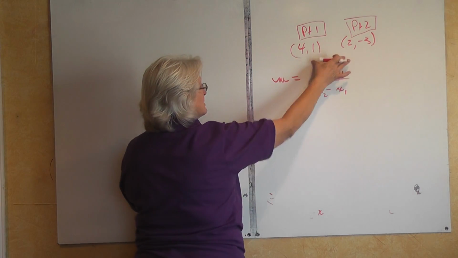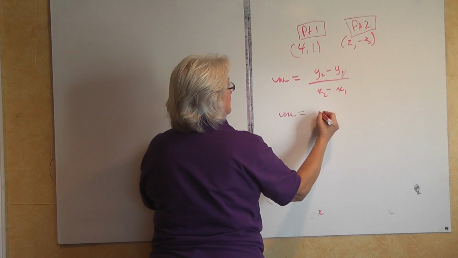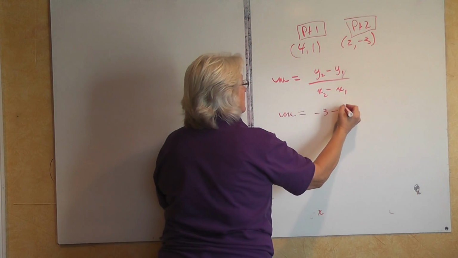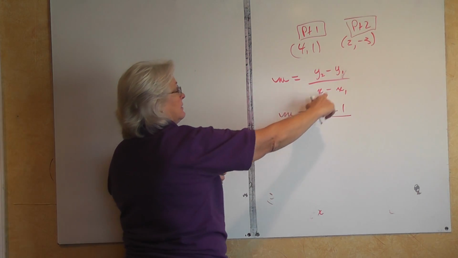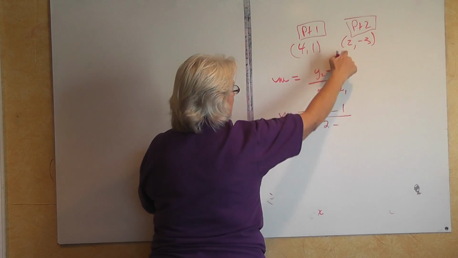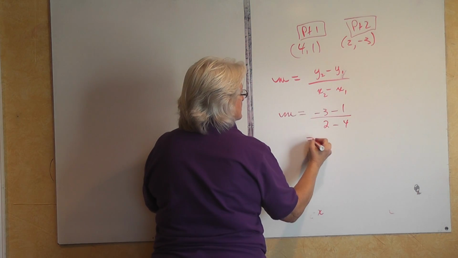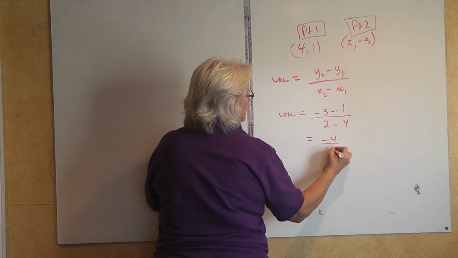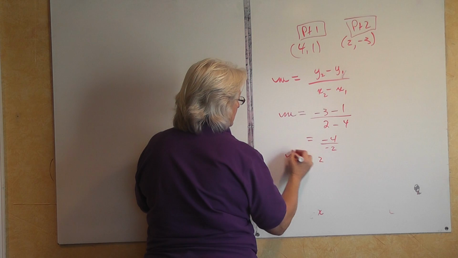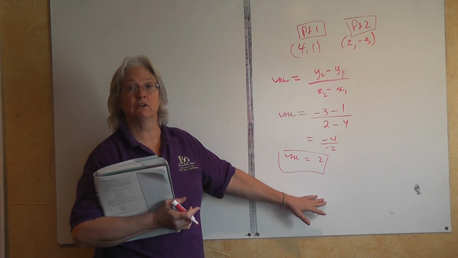All this means is that to calculate the slope, we take the y value of the second point, -3, minus the y value of the first point, and divide that by the x value of the second point minus the x value of the first point. So the slope is -4 divided by -2, so the slope is going to be a positive 2. That's all you have to do.